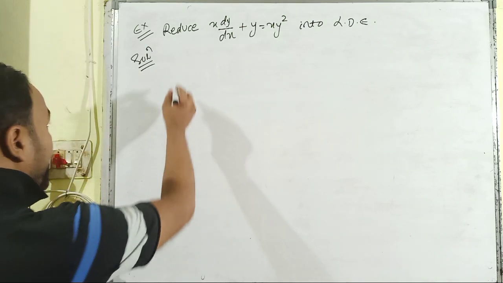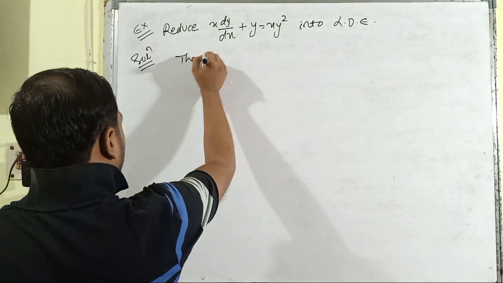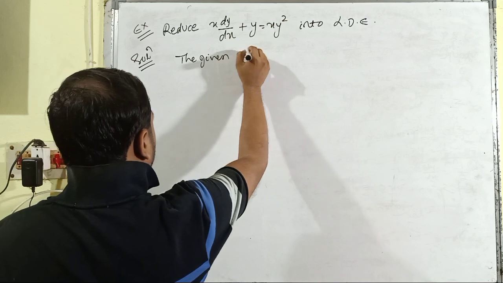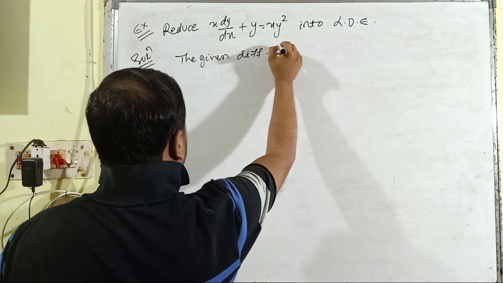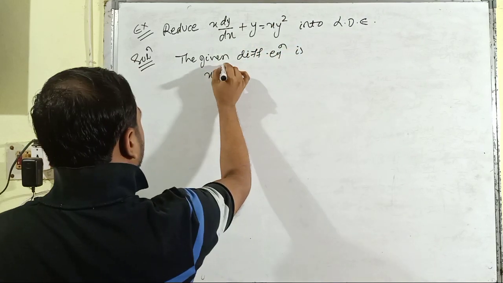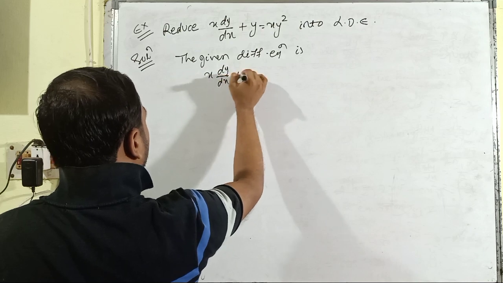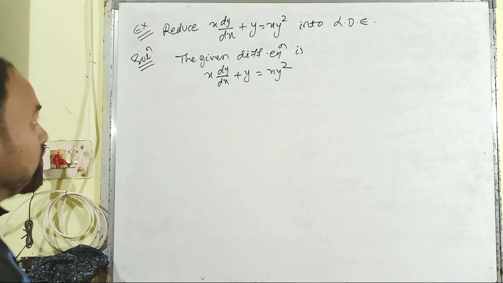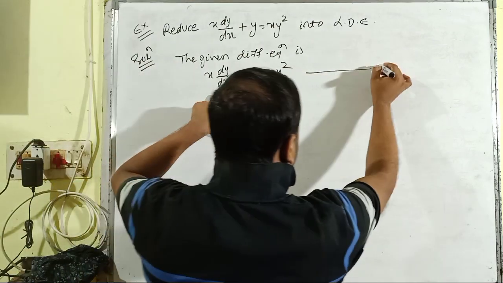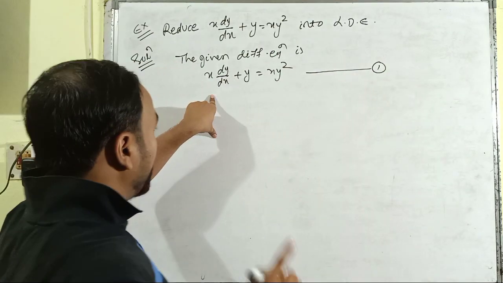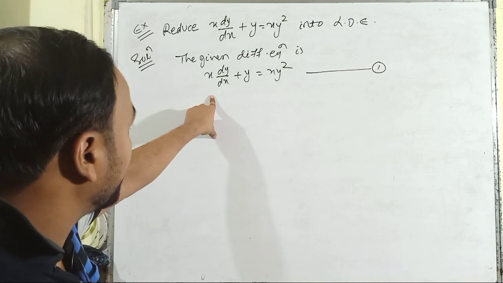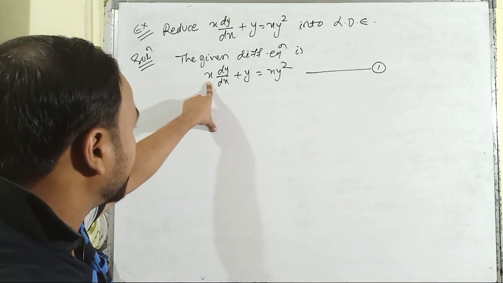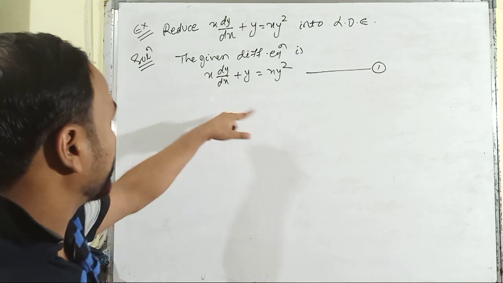So the given differential equation is x dy upon dx plus y is equal to x y square. Let us take it as equation number 1. First of all, our aim is to divide both sides of equation 1 by x.